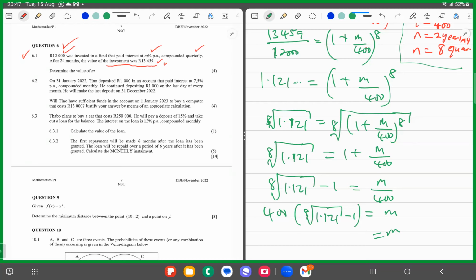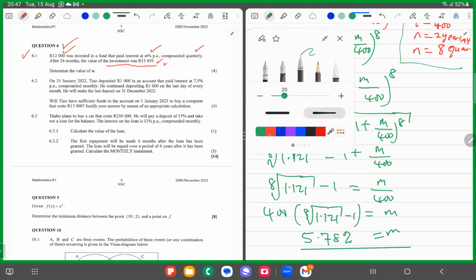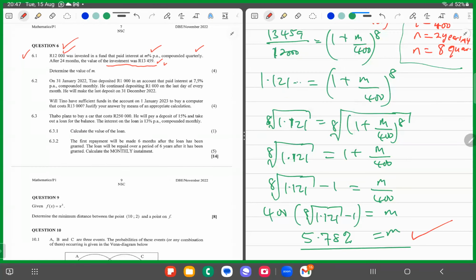The answer becomes exactly M equals 5.78%. And that is the answer. That gives us the value of M that they wanted there.